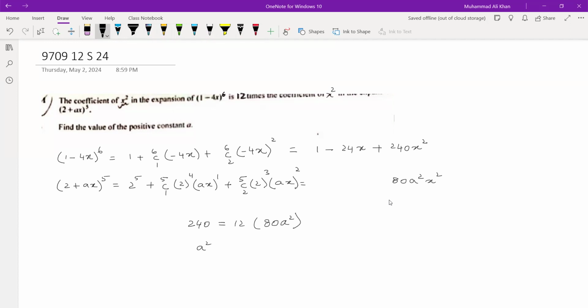So according to this, a squared is equal to 240 divided by 12 multiplied by 80. So it will be 1 upon 4. And the positive value of a is 1 upon 2, as we just need a positive value of a. It is given in the question. This is question number 1.